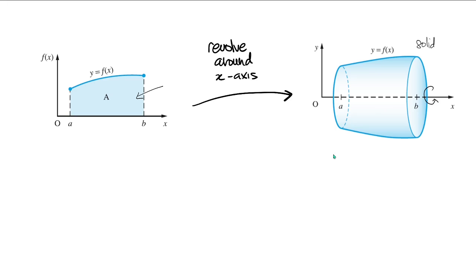We may call this a solid of revolution, because this area is revolved around the x-axis. It becomes a solid. So in this problem we are going to find out, if this is a given solid, what is the volume of the solid.